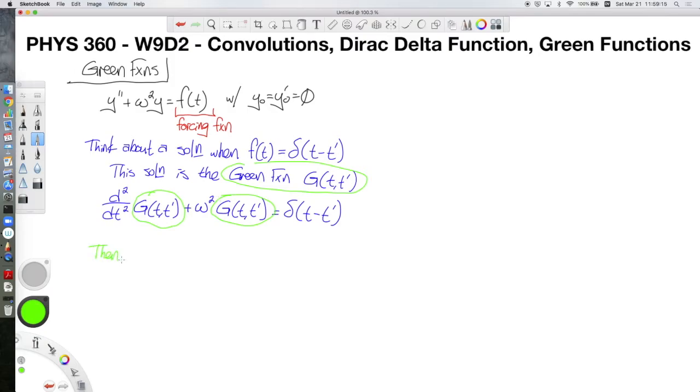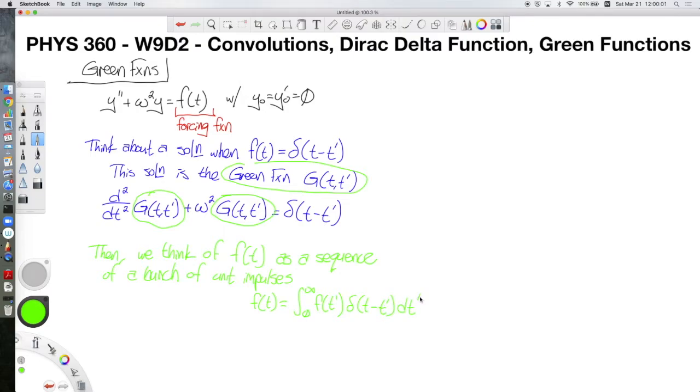Then we think about our actual f of t as a sequence of a bunch of unit impulses, which allows us to write f of t as the following integral: the integral from 0 to infinity of f of t prime times the delta function t minus t prime dt prime.